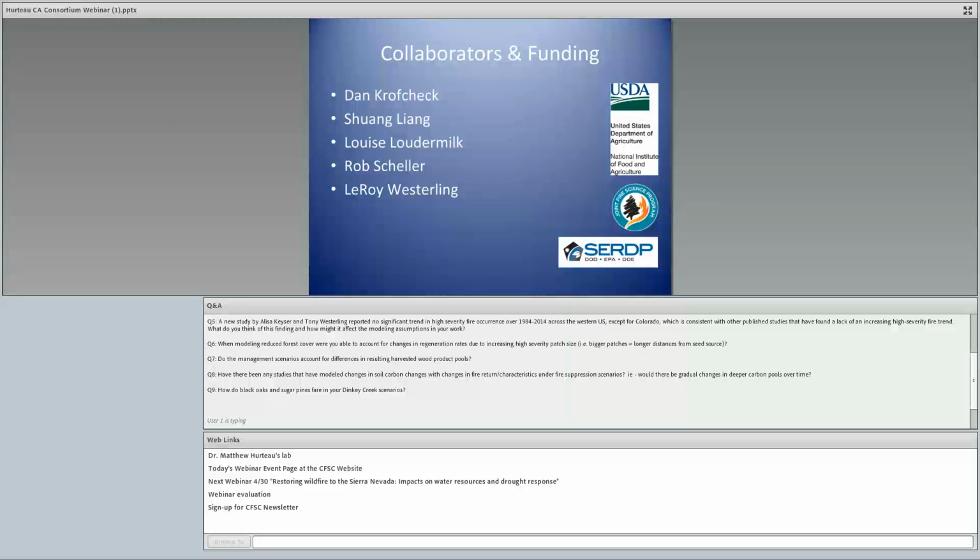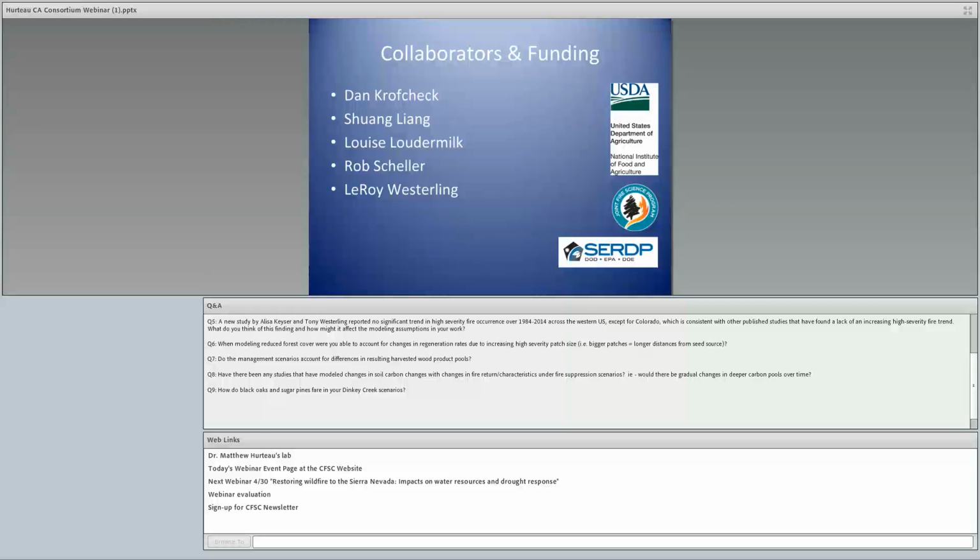But if I remember correctly, we did parse it out for a study at Fort Benning in Georgia, and we saw relatively small changes in soil carbon under the different management scenarios over the life of the simulation, so over 100 years or so.